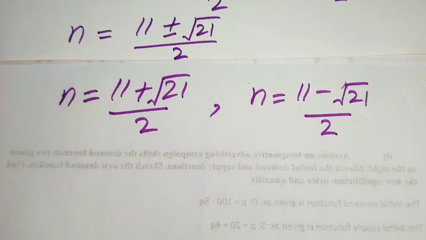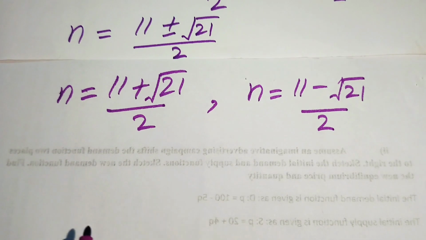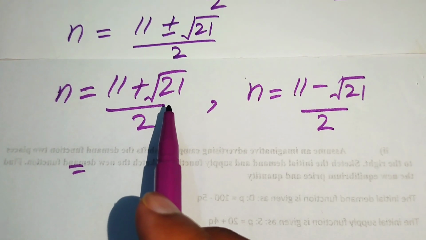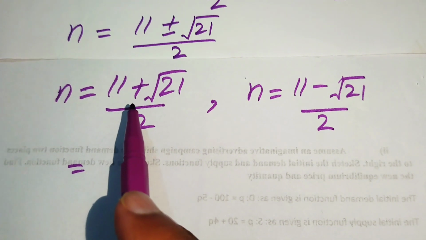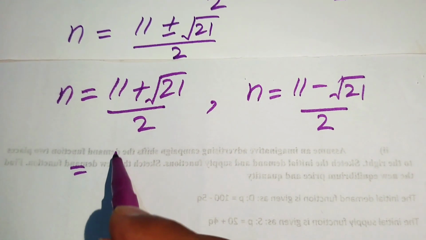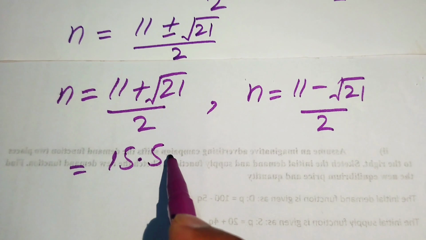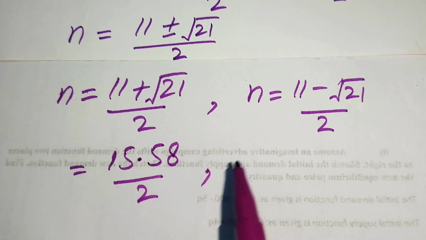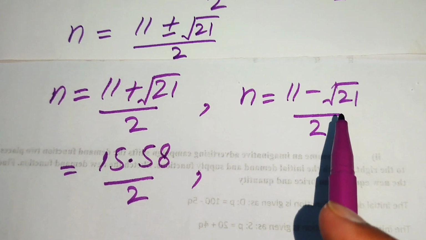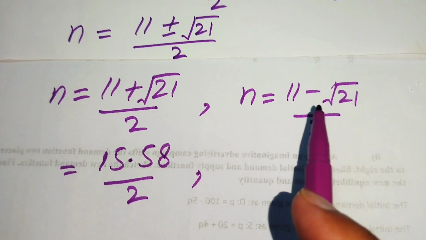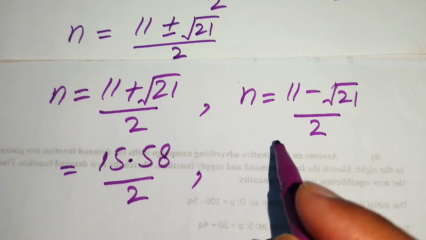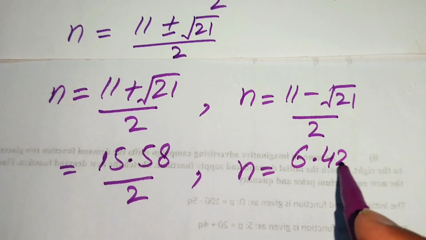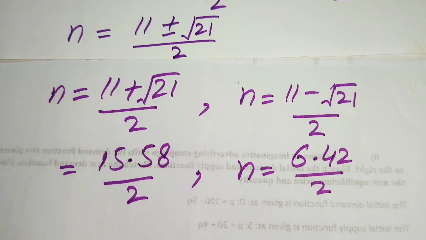So now first we write these two solutions in decimal form, so when you take the square root of 21 and you add it by 11, you just get 15.58 and it is divided by 2. And similarly in this case, when you take the square root of 21, and we subtract it by 11, then you obtain 6.42. It is divided by 2.